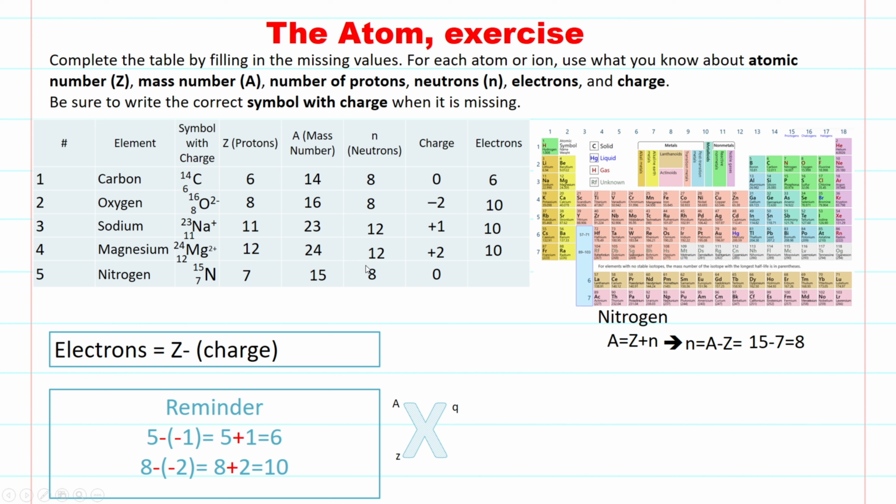The charge is 0, the nitrogen is neutral, and the number of electrons equals the number of protons. And here we have 7 protons and 7 electrons, they cancel each other out.